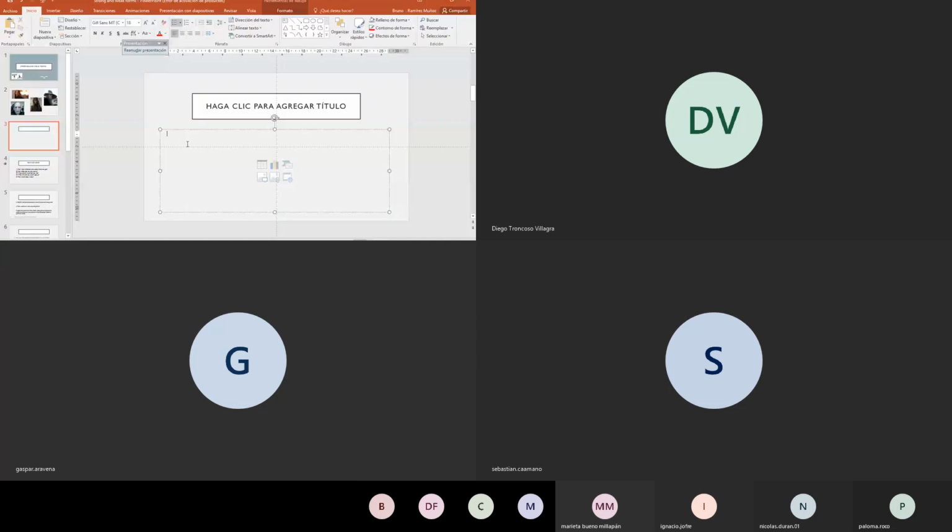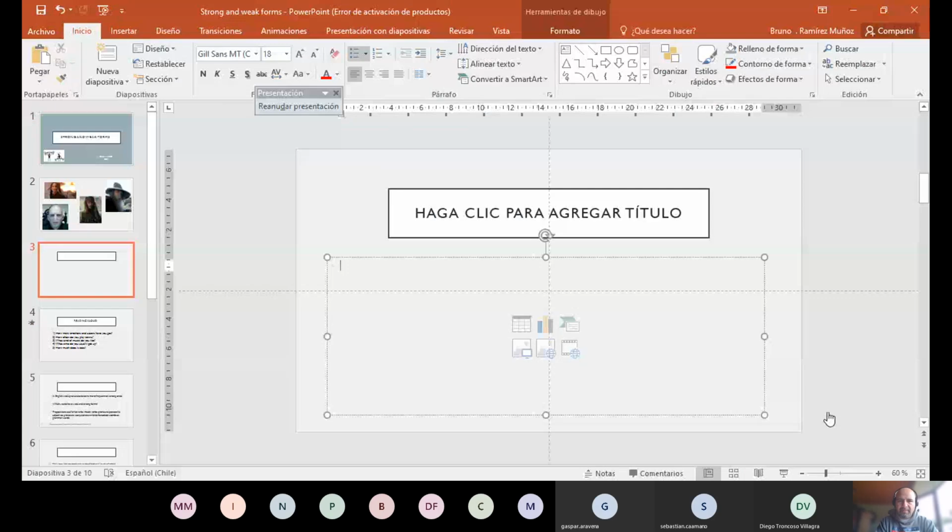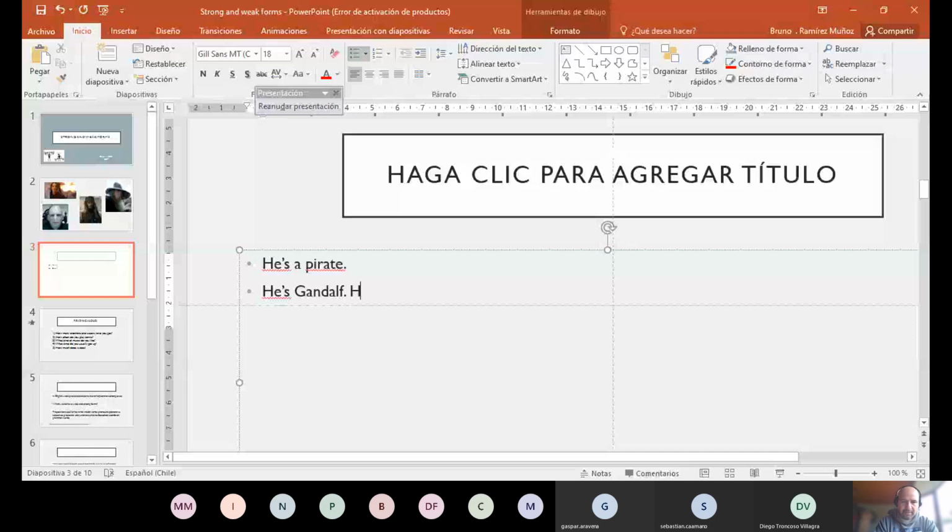Okay, I think now we're seeing the empty one. So he's a pirate. Let me make this somewhat bigger. Okay, he's a pirate. He's Gandalf. He's a wizard.